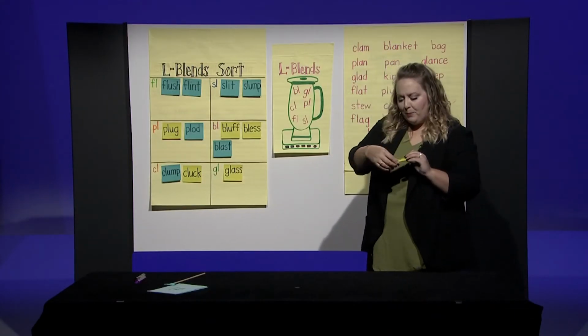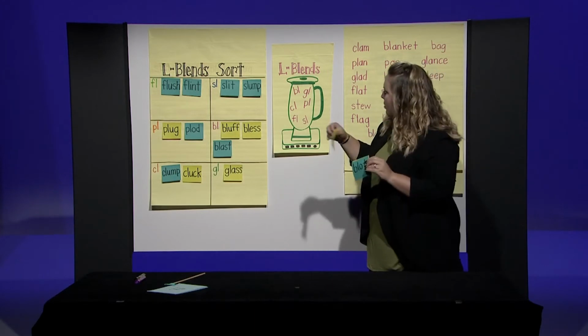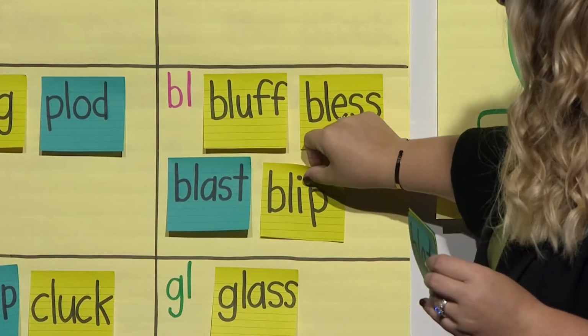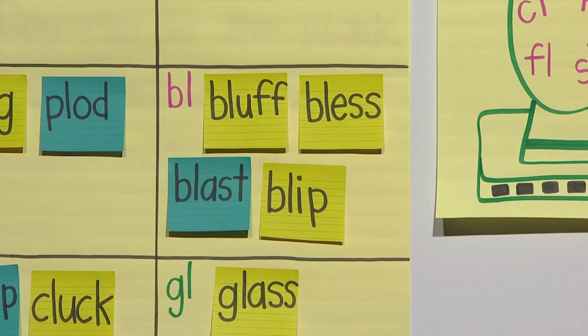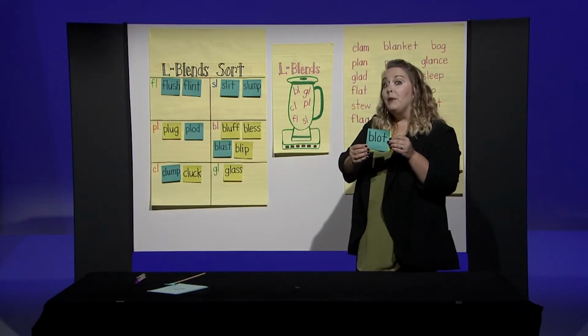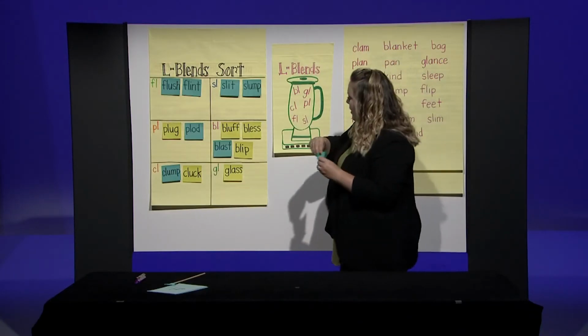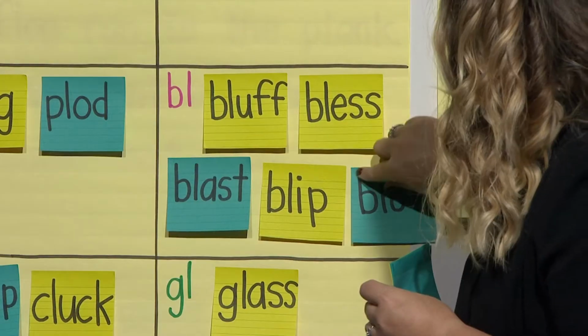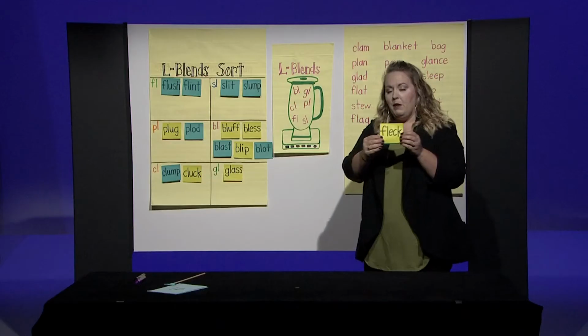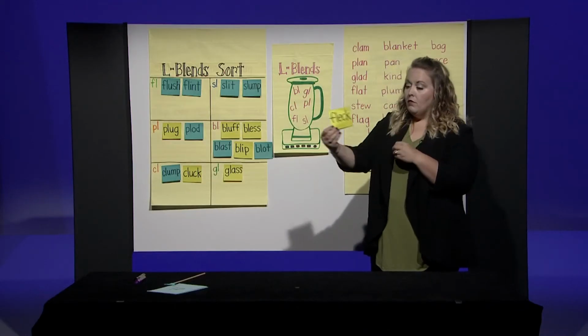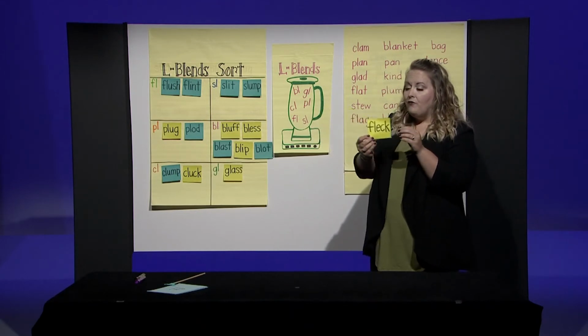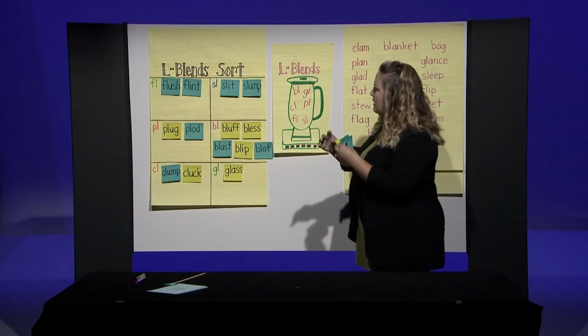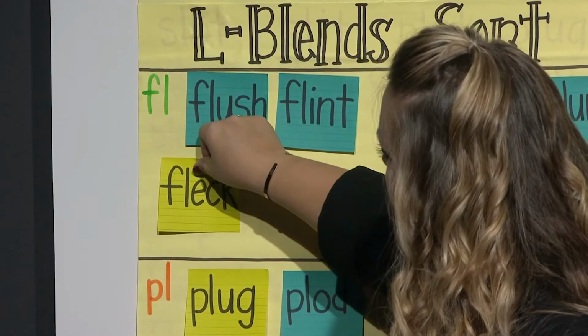Blip. Awesome job, boys and girls. Blip's going to go here with our BLs. Blot. Ooh, our BLs are filling up. What about this one? Fleck. Great job. Y'all are doing such a good job sounding out these words.